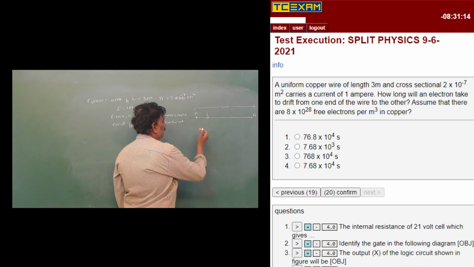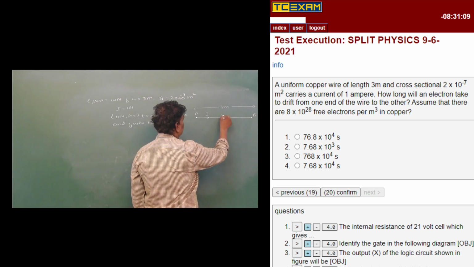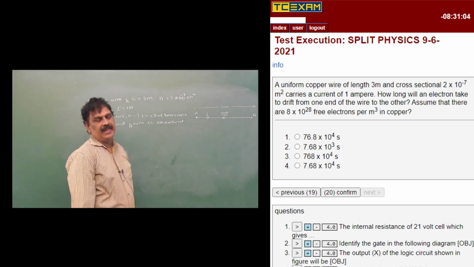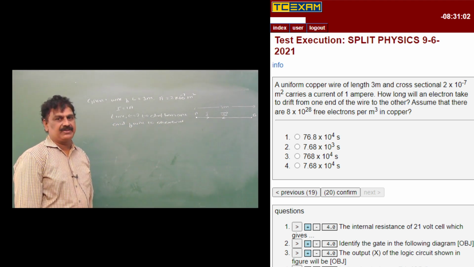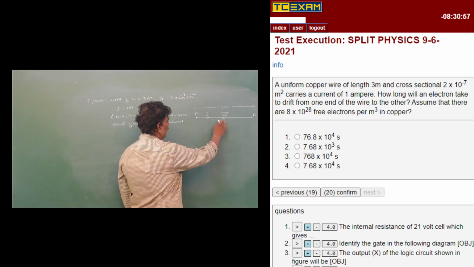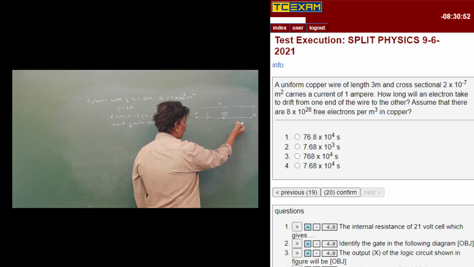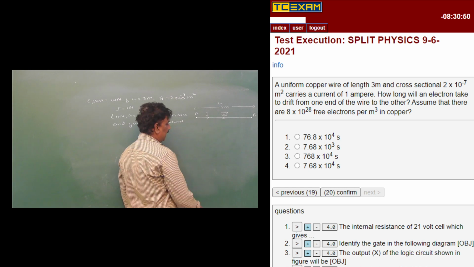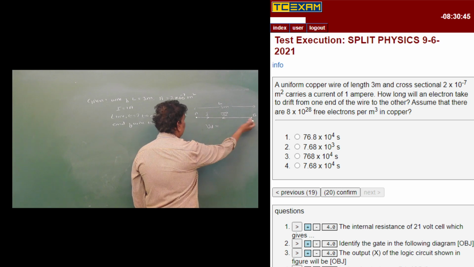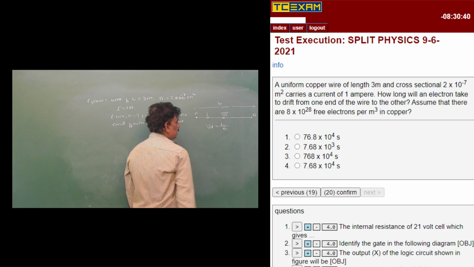Now the current is constituted by the drift velocity of electrons in the opposite direction of the applied field, and the conventional current flows in the direction of the field. So if Vd is the drift velocity with which the free electrons are flowing through the wire, then the drift velocity is equal to the distance traveled from A to B, that is L, by the time taken.